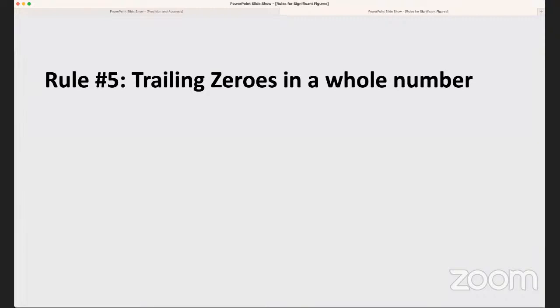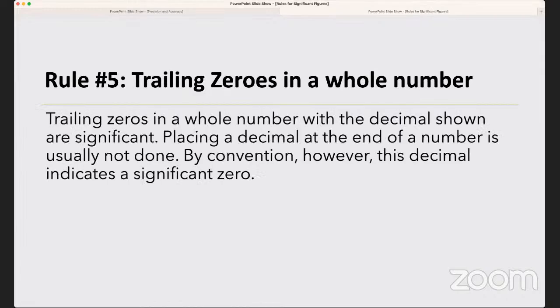Rule number 5, trailing zeros in a whole number. Trailing zeros in a whole number with the decimal shown are significant. Now remember, placing a decimal at the end of a whole number is usually not done, but by convention, if this is done, it indicates that all the zeros in that whole number are significant.